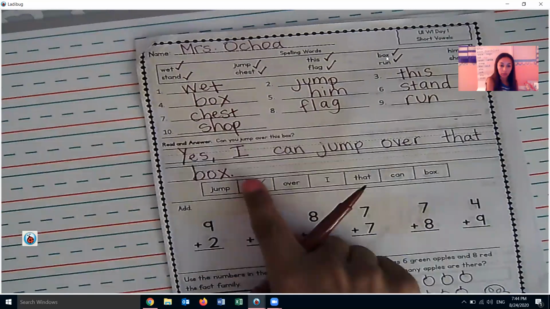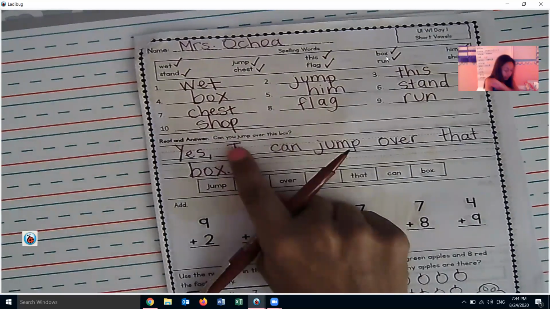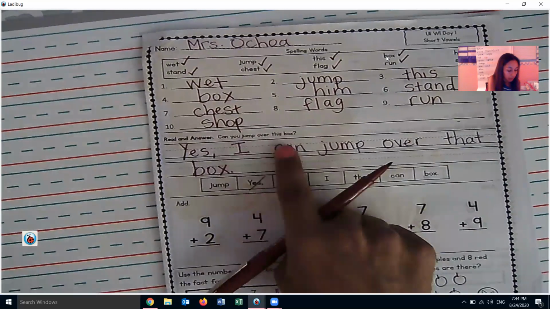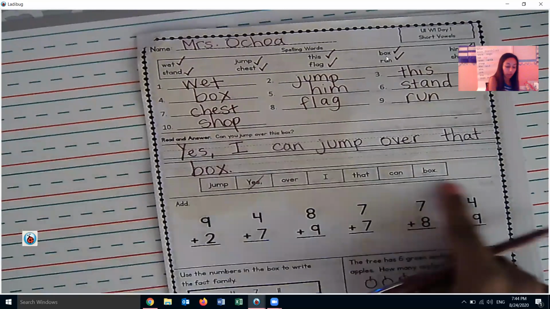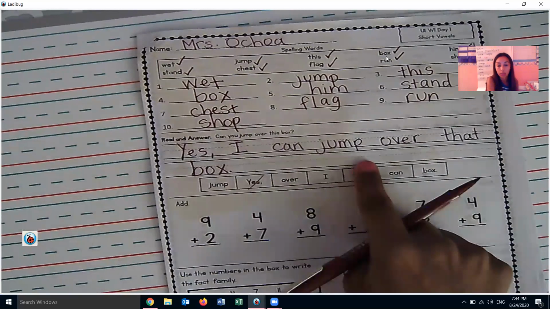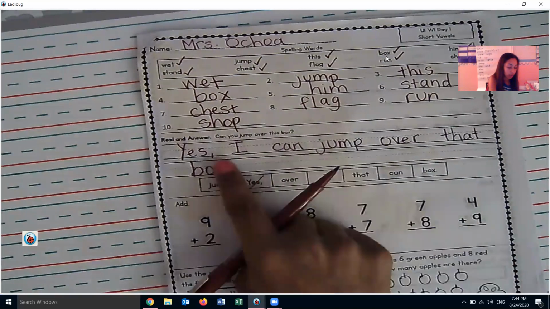This here we did earlier. So you have the question. Excuse me. Can you jump over this box? And our job is to use this word bank to answer the question using part of the question to answer it. So when it says, can you jump over this box?